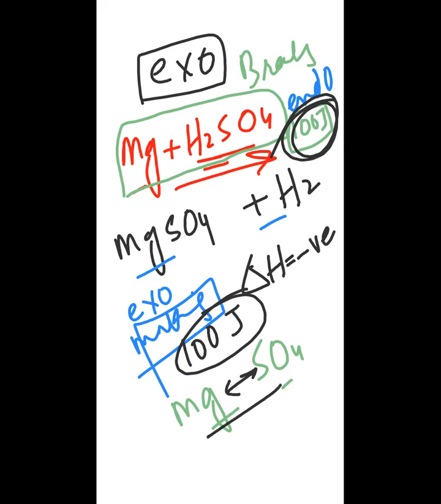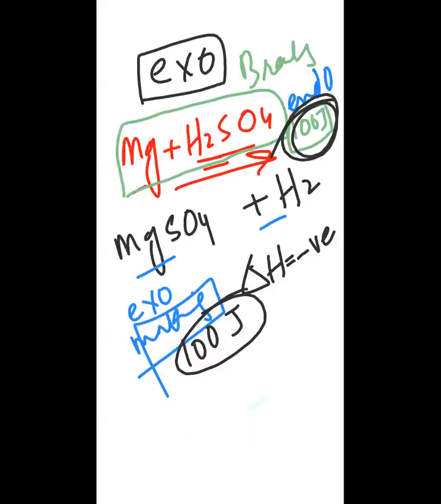But what happened during this reaction? The reactants are absorbing 100 joules of energy, but they are not giving you back just that 100 joules. They are giving you 120 joules of energy. This is just an example. There could be different types of enthalpy.